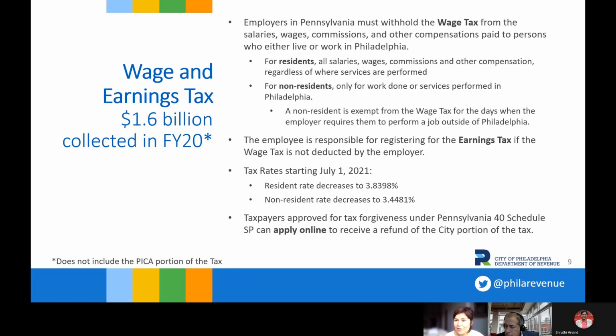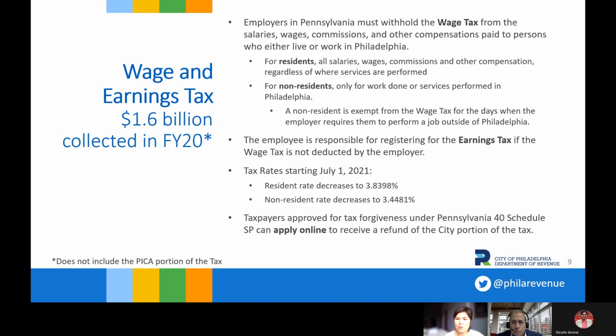So far, about 1,500 folks have received a refund for taxes paid in 2020. We've also added the ability to apply online, and we've tried to revamp that application so that it's in plain language and can be easily understood. There are big changes coming down the pipe around wage tax refunds, so we'll talk about that more as we move forward.